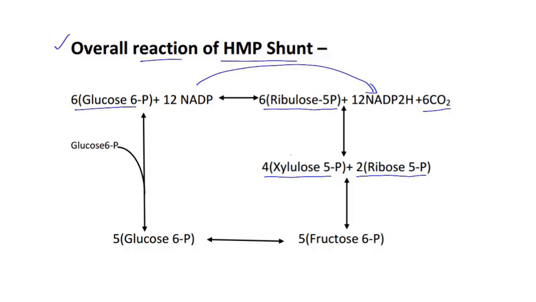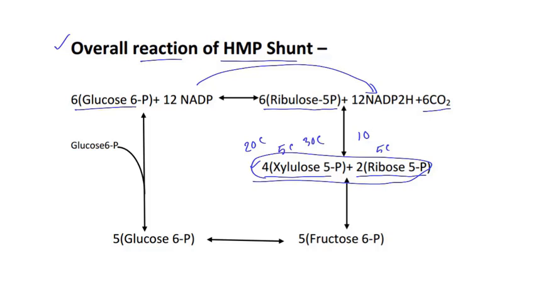Here, xylulose has 5 carbons and ribose has 5 carbons also. 4 xylulose molecules have 20 carbons and 2 ribose molecules have 10 carbons. Totally, these 6 molecules have 30 carbons.